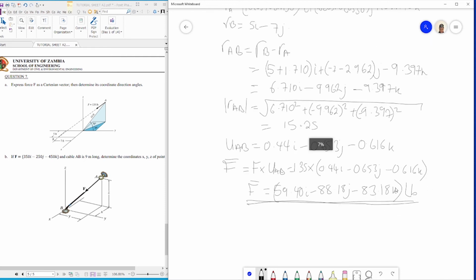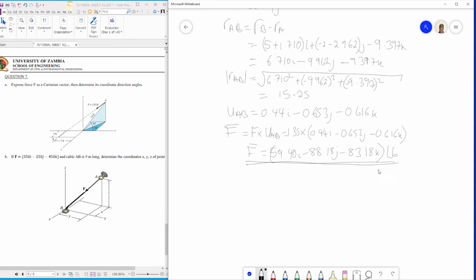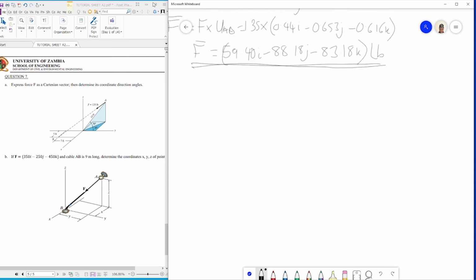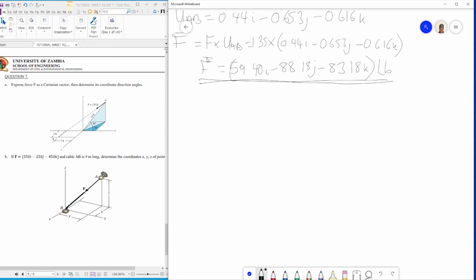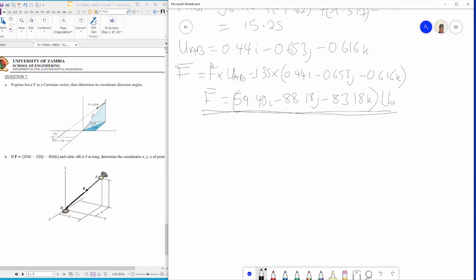The direction angles, it's not a big deal to determine them, because we already got the direction cosines.